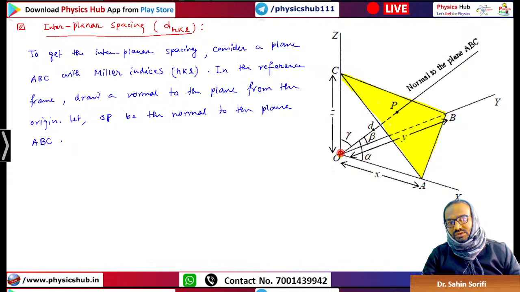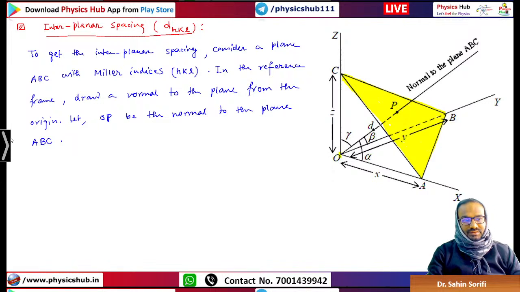The intercept on Y, OB, this is making an angle beta with the normal. The intercept on Z, OC, is making an angle gamma with the normal. This is clear. So let angle POA, that is the angle made with the x-axis, it is alpha.